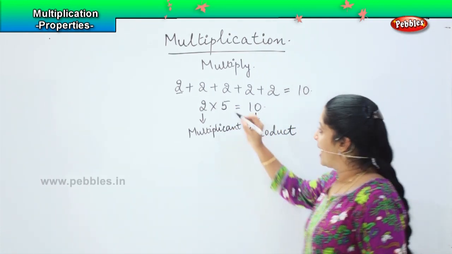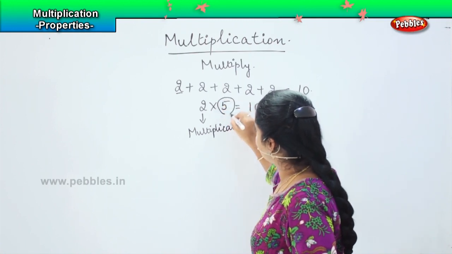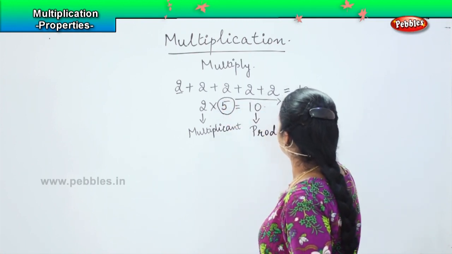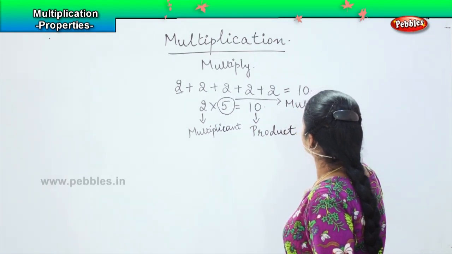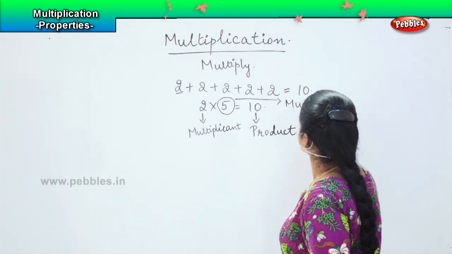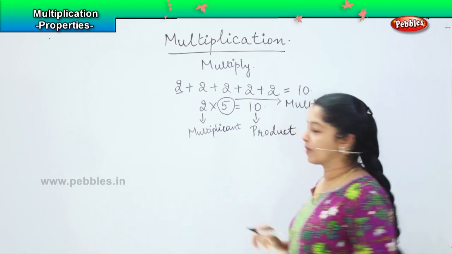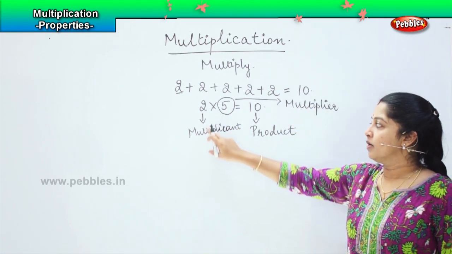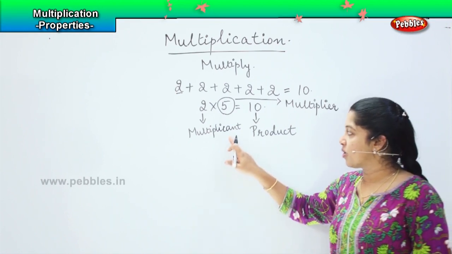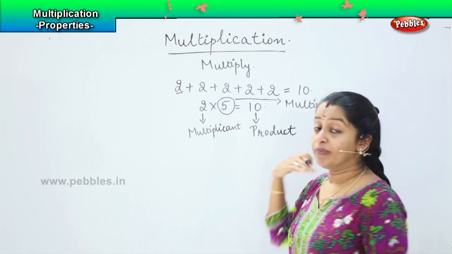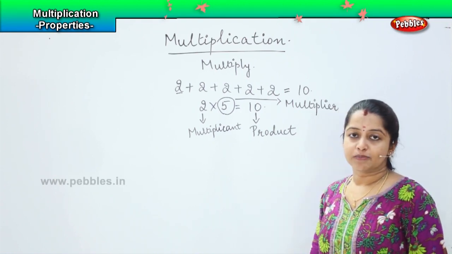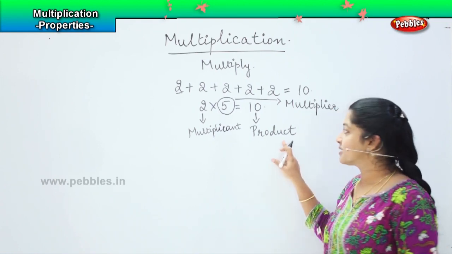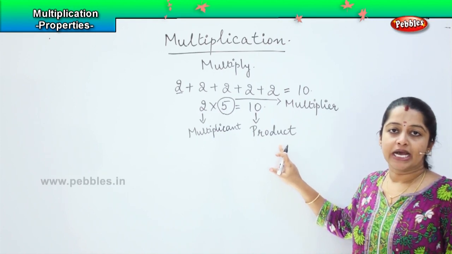And how many times are we multiplying? This is called my multiplier. So, the number which has to be multiplied is called the multiplicand, how many times we are going to multiply that number is called my multiplier, and the result which we obtain, that is the answer, is called my product.